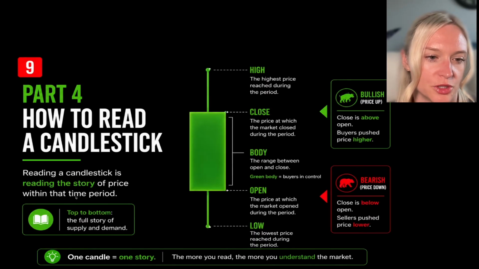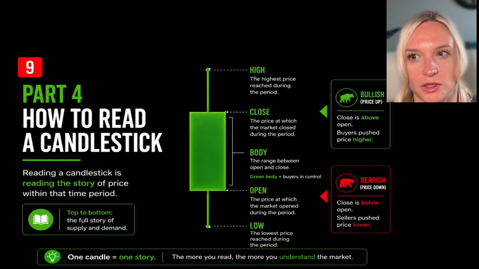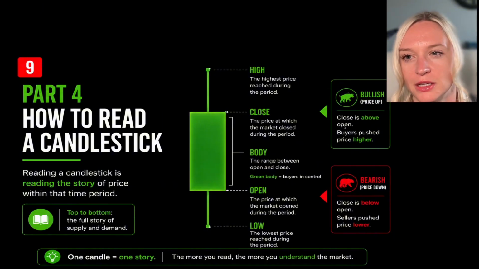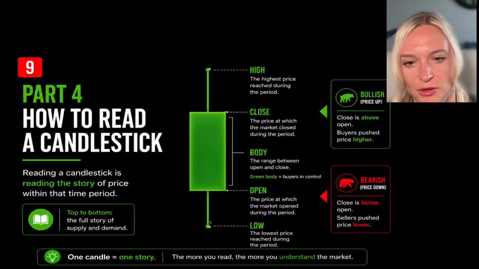So how do we read this? Top to bottom. Okay. So for the bullish candle, it opened here and pushed up all the way to here, but it came back down. When it did open, it went lower a little bit past the open and it closed higher than the open.